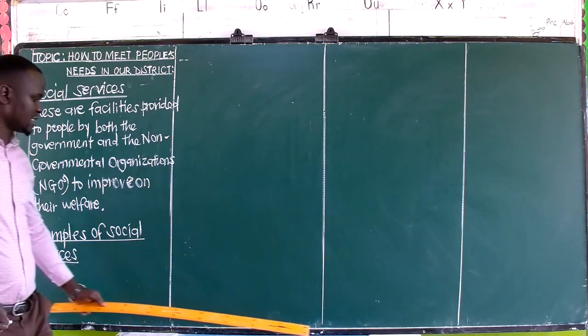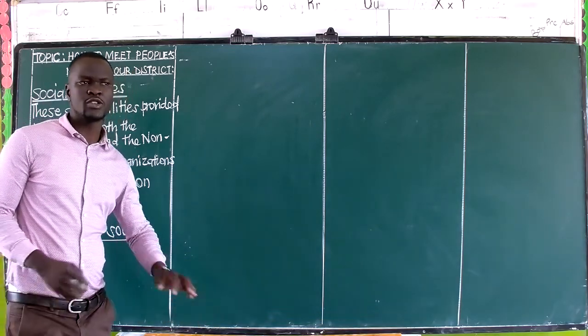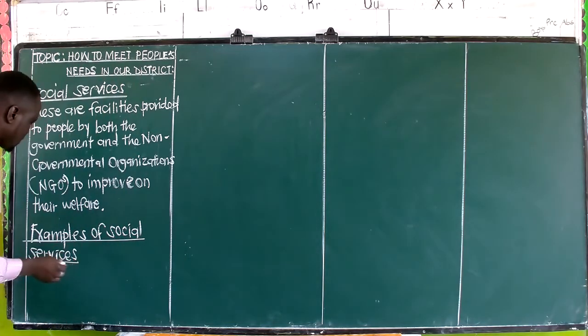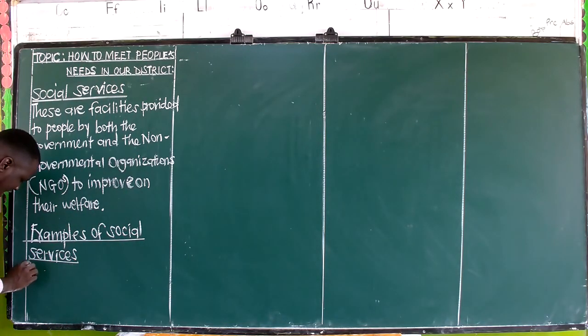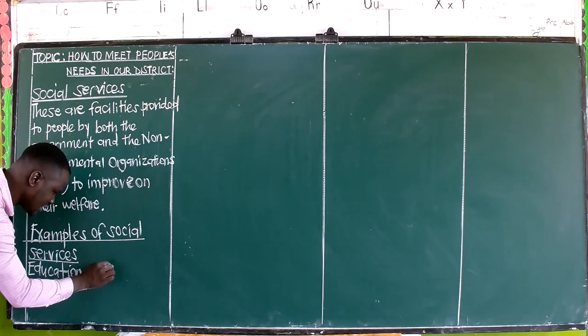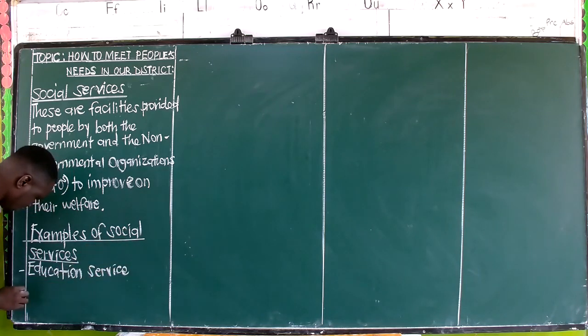Examples of social services in our district. We are going to look at a number of social services, and let us begin with the one that we are having now, that is education service. We shall begin with this.